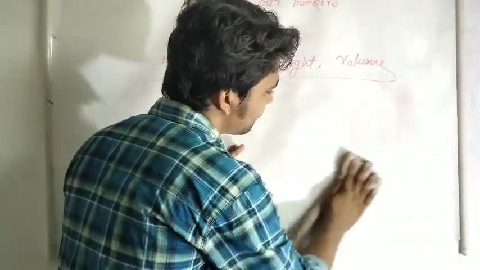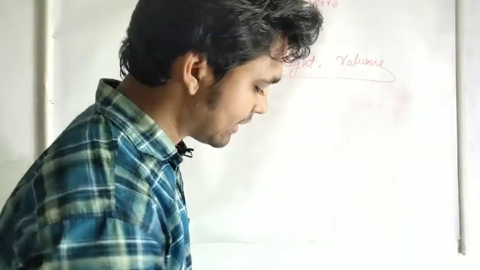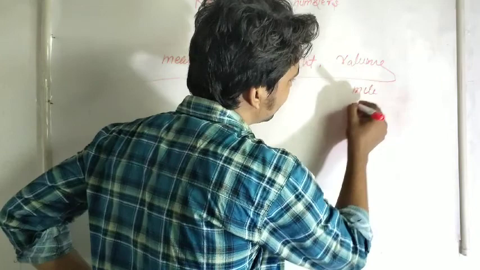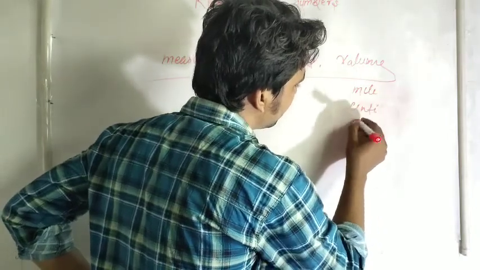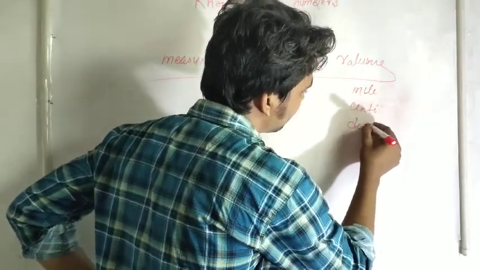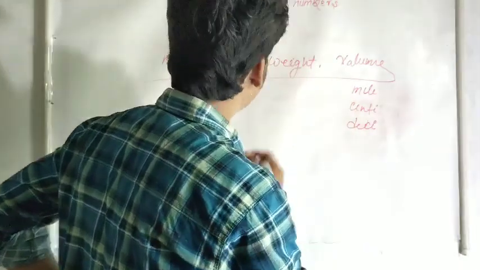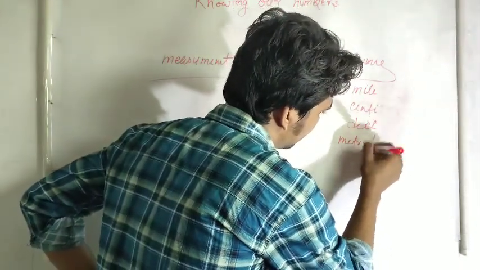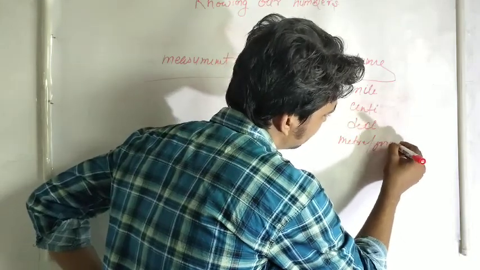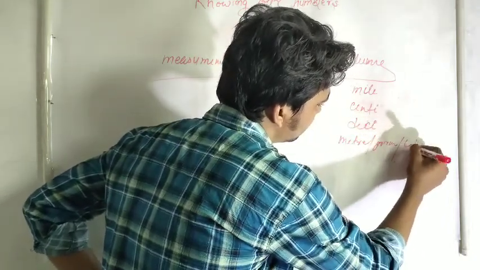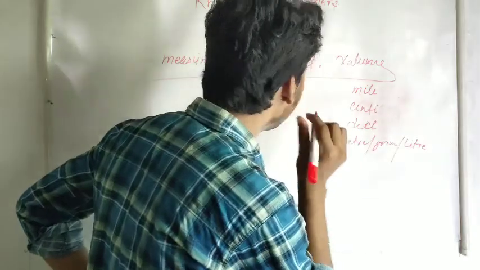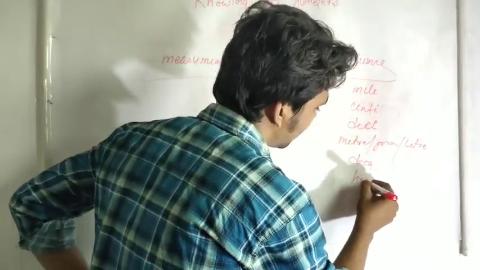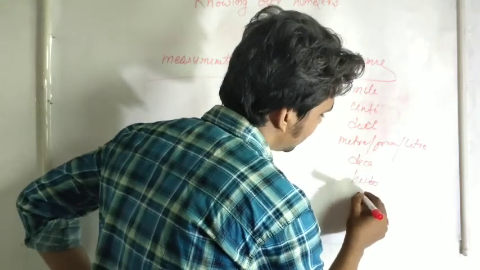So suppose I read it again: milli, centi, deci, meter, gram and liter, deca, hecto and kilo.